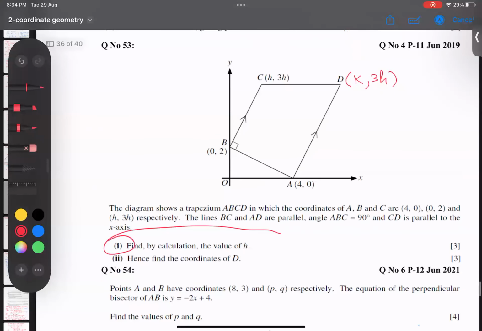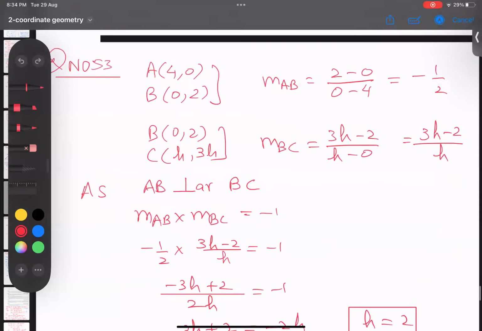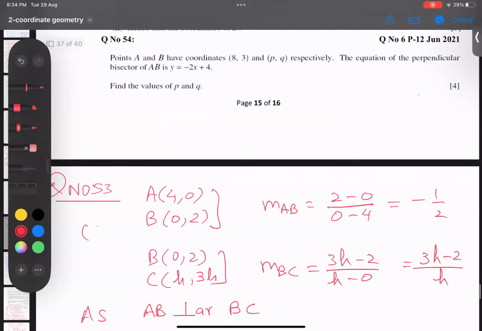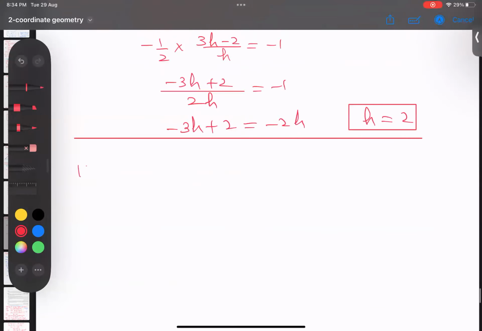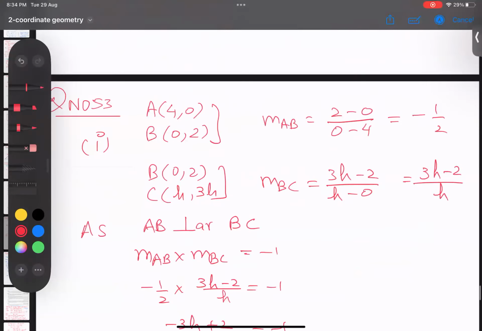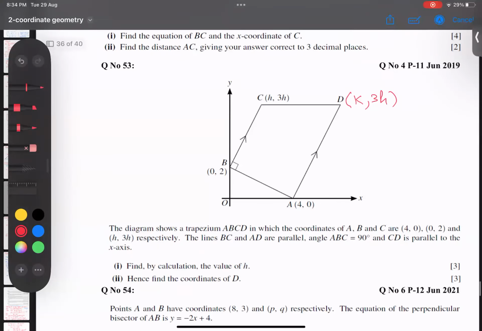Part number 2: we are looking for the D coordinate. I have two techniques to get it. Let's make a plan. Because I'm looking for the D coordinate, these two arrows mean the lines are parallel to each other, so I can find this gradient somehow.